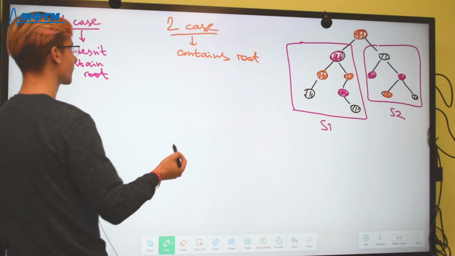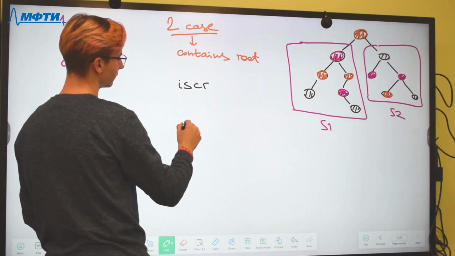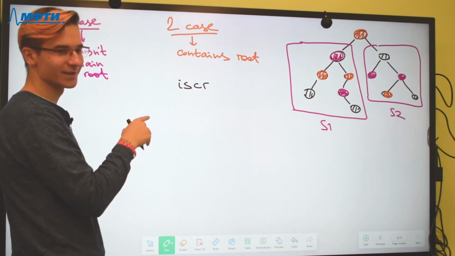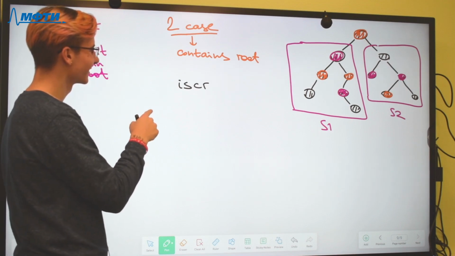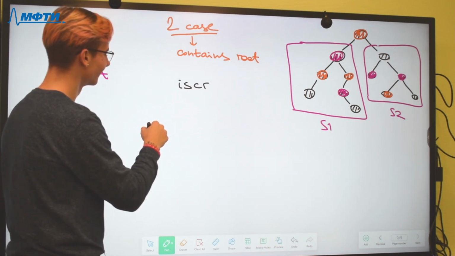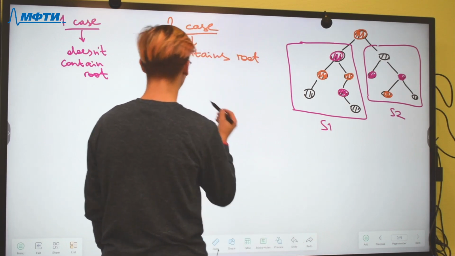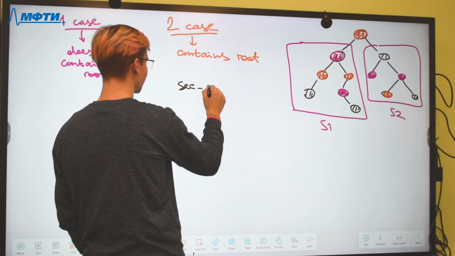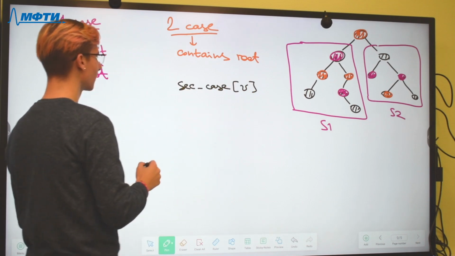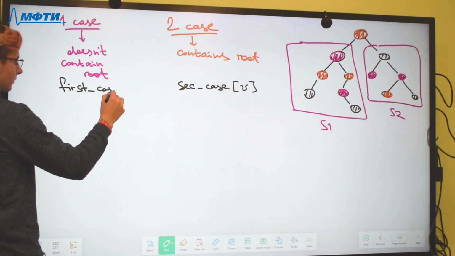For example, the independent set that contains root, I think that it is understandable. The independent set that contains root, second case, array. And first case, array.